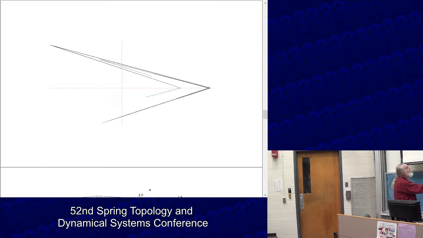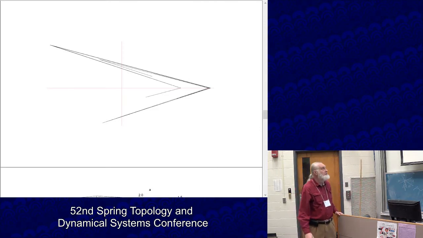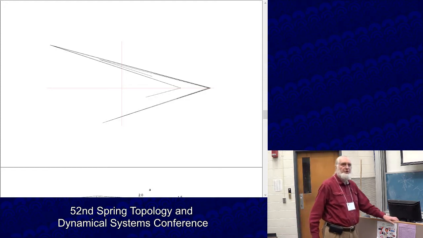So the point X is here, and here there is the stable manifold of the fixed point X. So we computed those long numbers in such a way that those points are on the stable manifold of the fixed point.